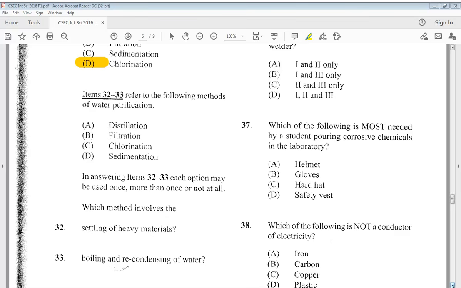Which method involves the settling of heavy materials? That would be D, sedimentation. 33 says, which method involves the boiling and recondensing of water? That would be A, distillation.